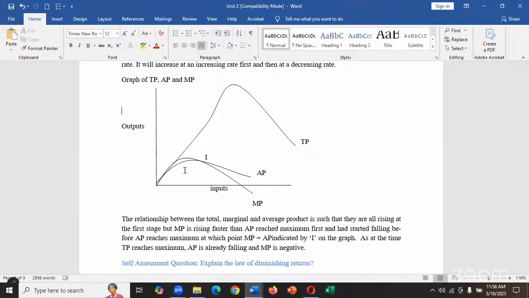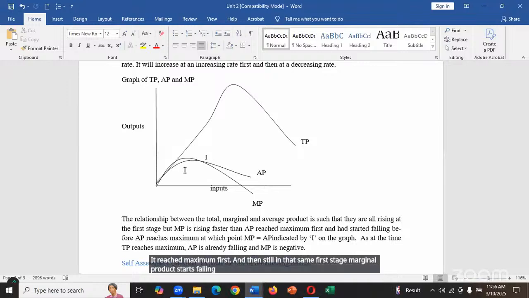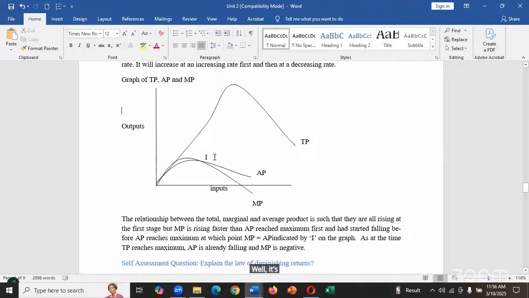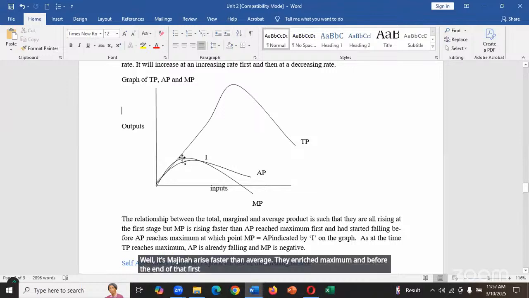And then still in that same first stage, marginal product starts falling. So in this first stage, marginal product rises faster than average product. It rises faster, although not faster than total product, because total product will definitely be the highest. But marginal rises faster than average, then reaches maximum, and before the end of that first stage of the production process, it has already started falling.